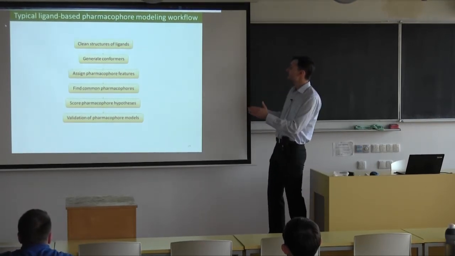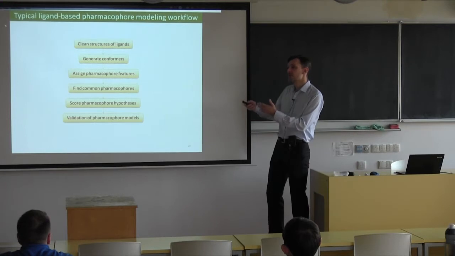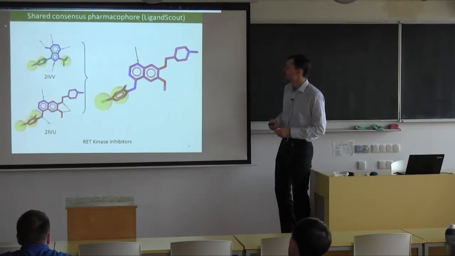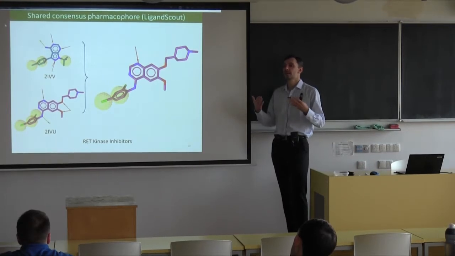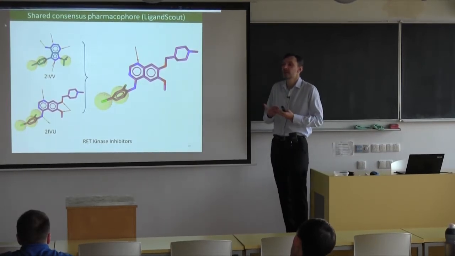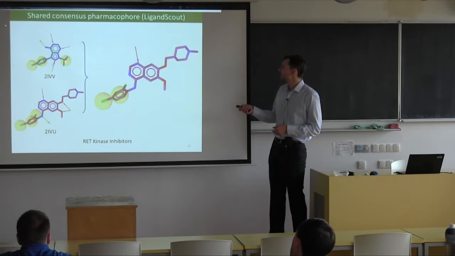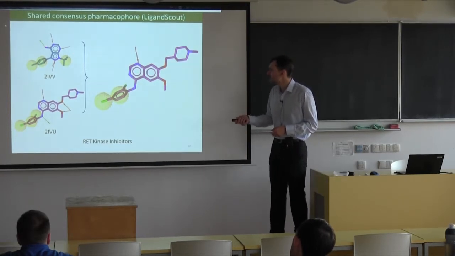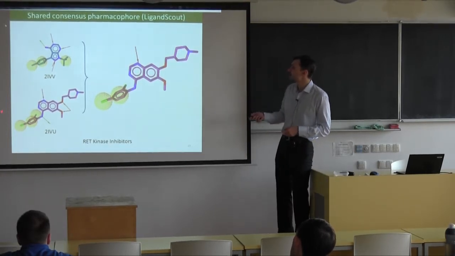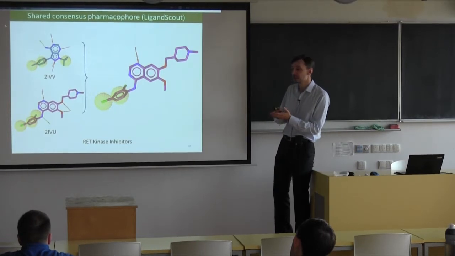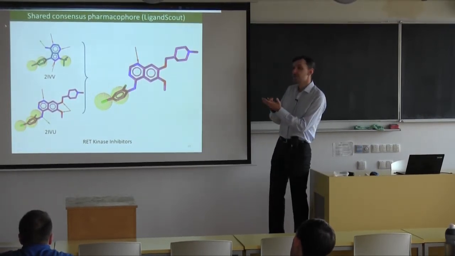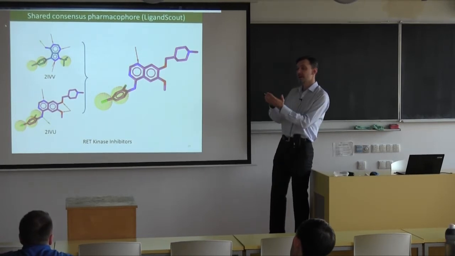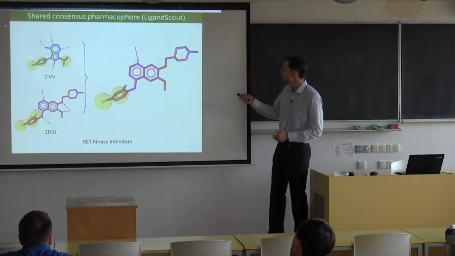This can produce several pharmacophores for different ligands, and you can consider combining these pharmacophores to find more general patterns. For example, this pharmacophore is derived for this compound, this one for another one, but both compounds bind to the same target, so you can combine the two pharmacophores and find the common features.